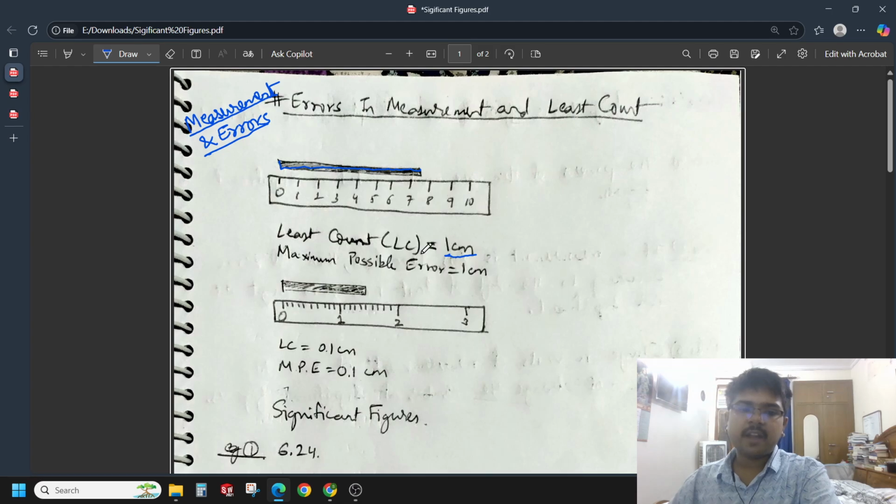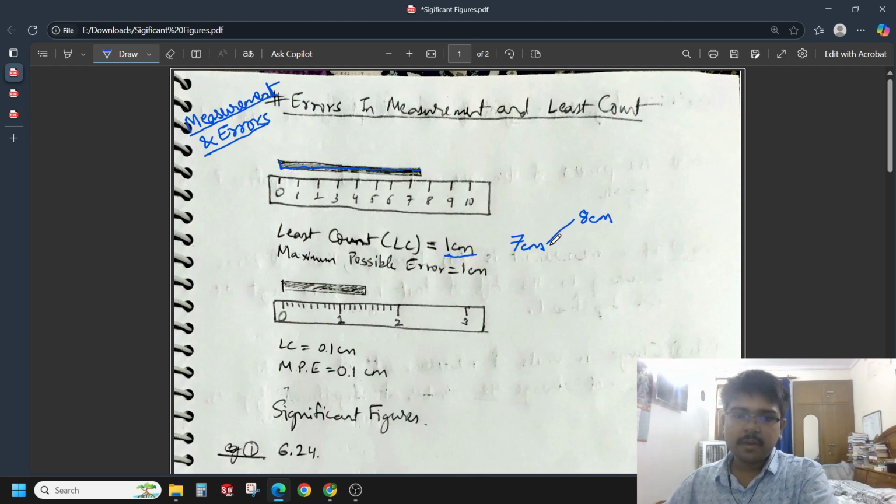Now what could be the maximum possible error in this object? We can see that this object that we are measuring is just past 7 and below 8. So we can take the value as 7 centimeters, or some other person could have taken the value as 8 centimeters.